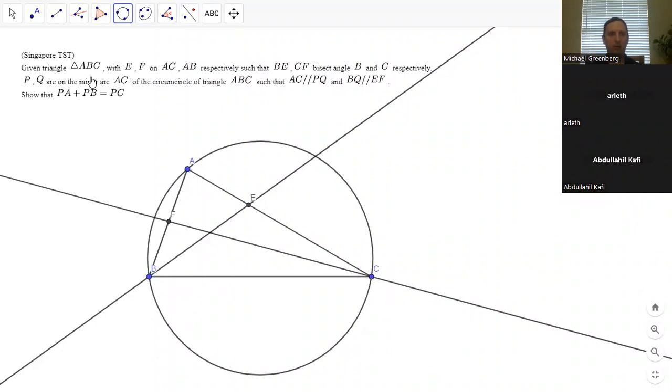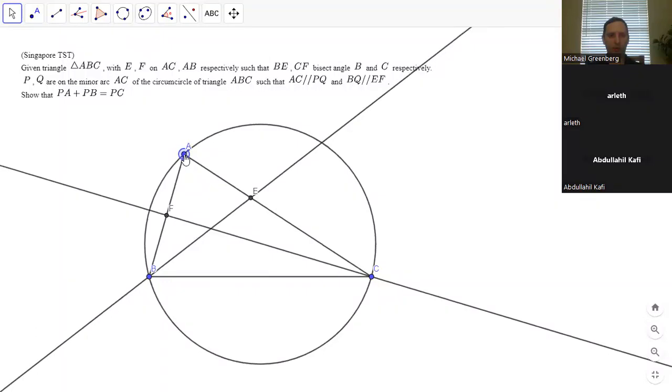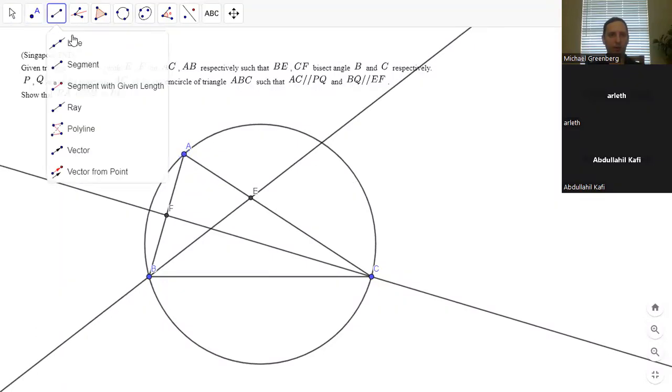I'm a little surprised it says PQ on minor arc AC. I wonder if they mean BC, but let's see. So AC is parallel to PQ, and BQ is parallel to EF.